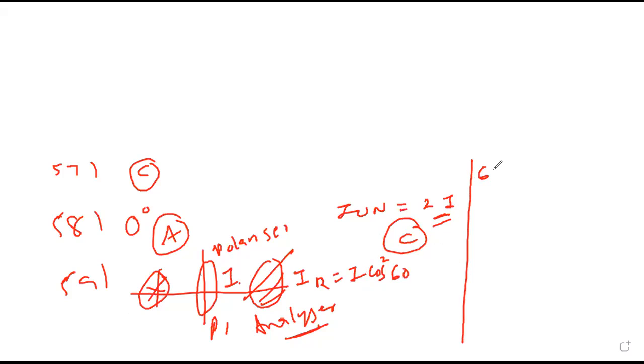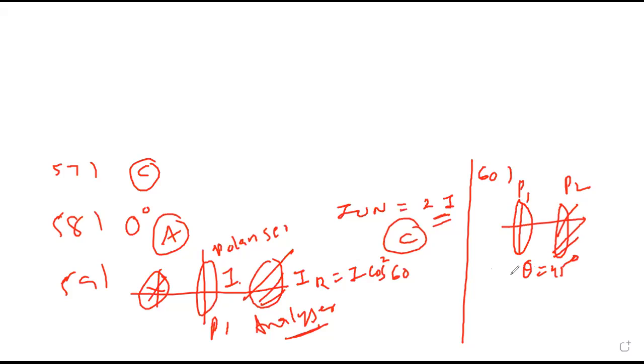Sum number 6. The axis of polarizer and analyzer are at 45 degree. So this is polarizer P1. This is analyzer P2. इसका एक्सिस is at 45 degree. मतलब दोनों के बीच का एंगल is 45 degree.